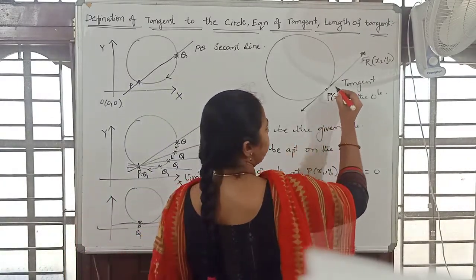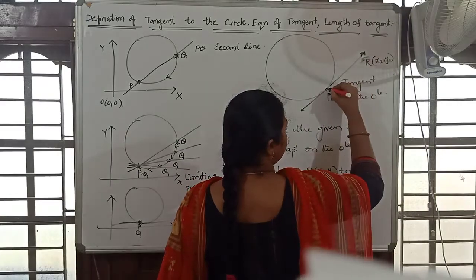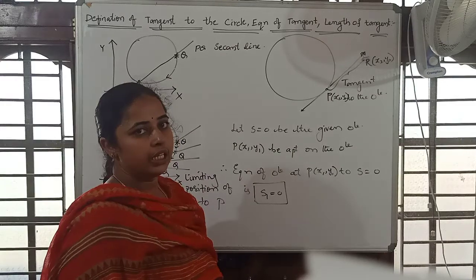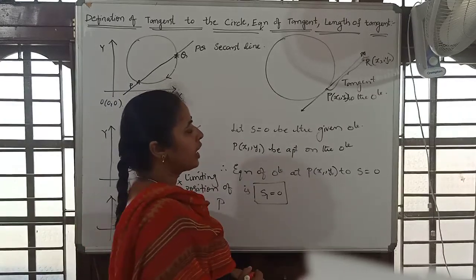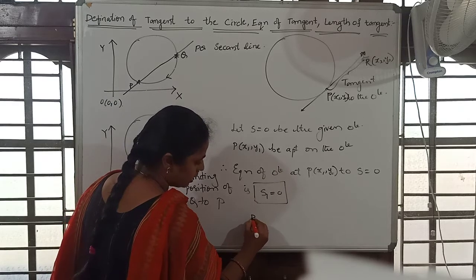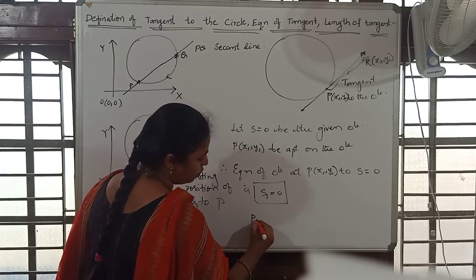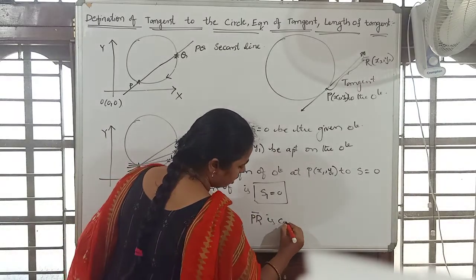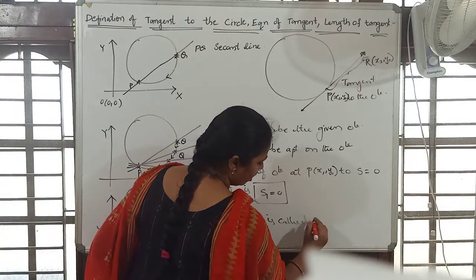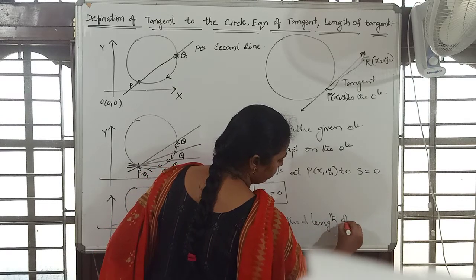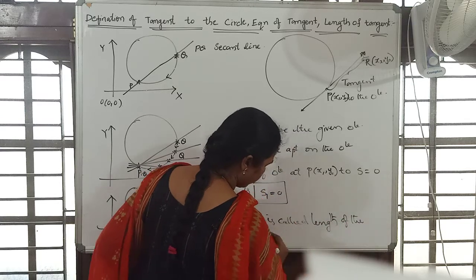Now the distance from this point R to P is called the length of the tangent.